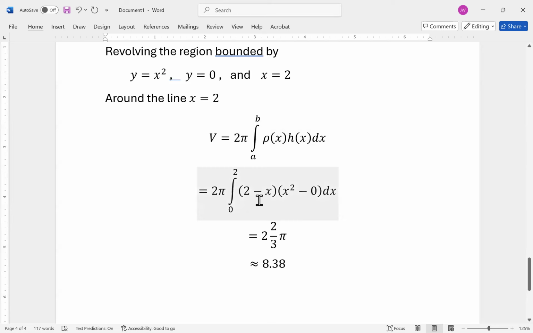By the way, if I had x minus 2 here, my answer would have been a negative 2 and 2/3 pi, or a negative 8.38. So if your answer ever turns out to be negative using the shell method, obviously volume cannot be negative, so you probably flipped your radius start and end places.